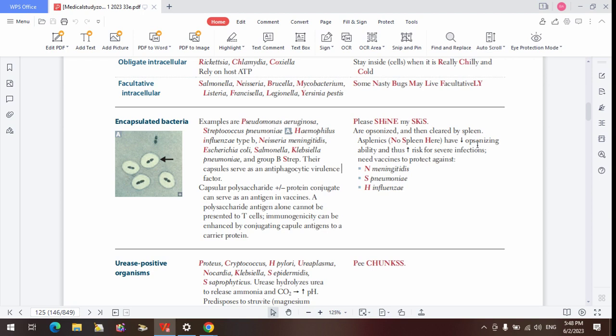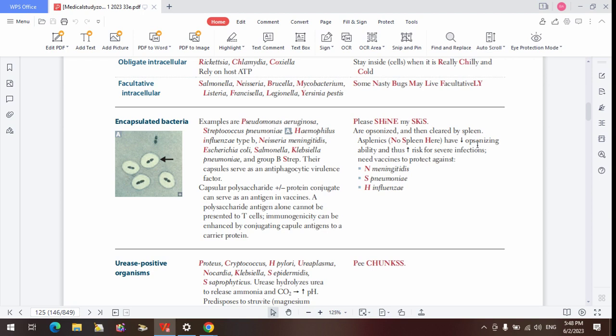The FC region of that antibody can bind to a macrophage. Once the macrophage binds to the FC region, it can take care of the whole complex. It will phagocytose the complex and take it to the spleen. The spleen will destroy everything.